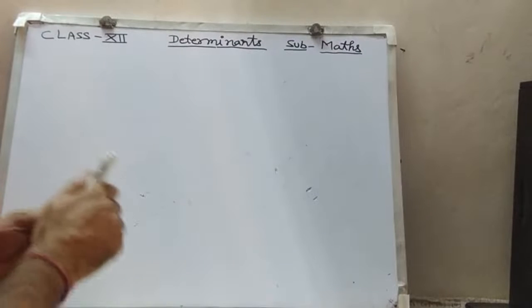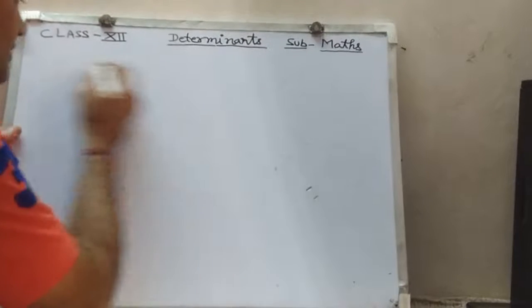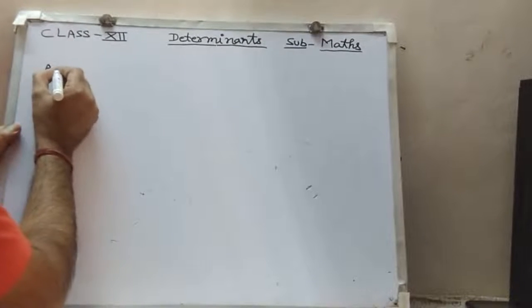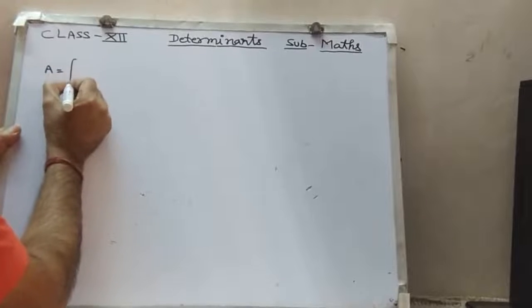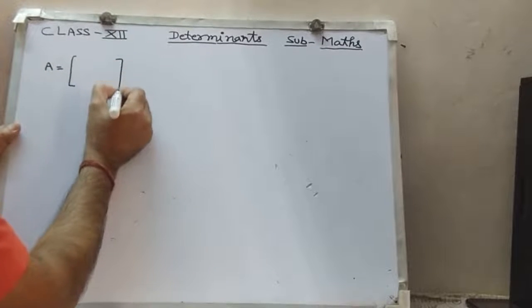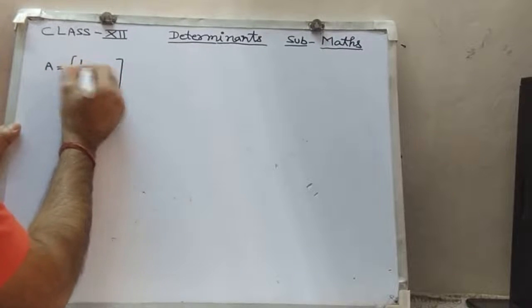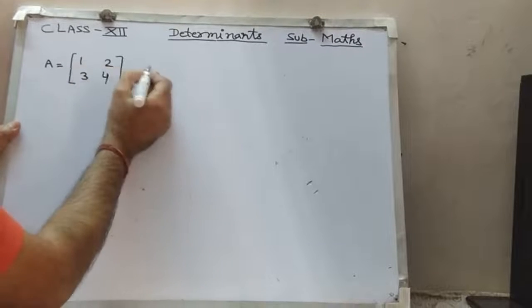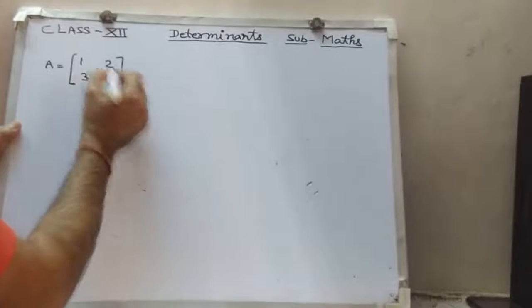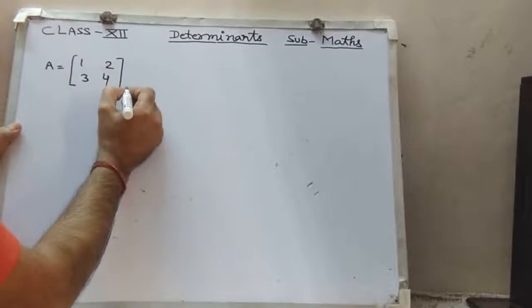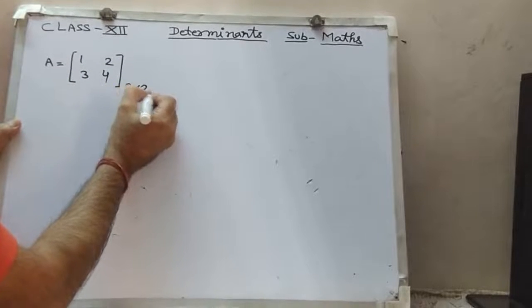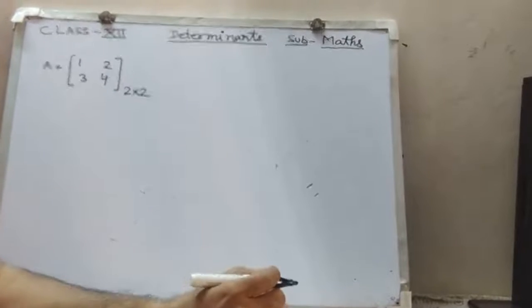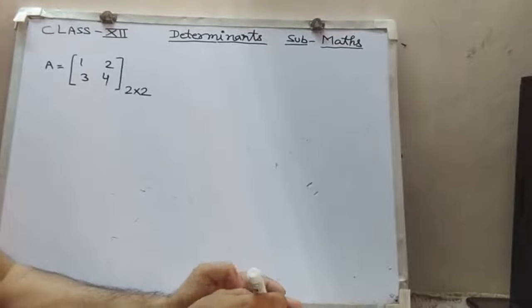Let A be any matrix, then if we write like this 1, 2, 3 and 4, it has 2 rows and 2 columns, so its order is 2 by 2. Means we can say this is a square matrix.